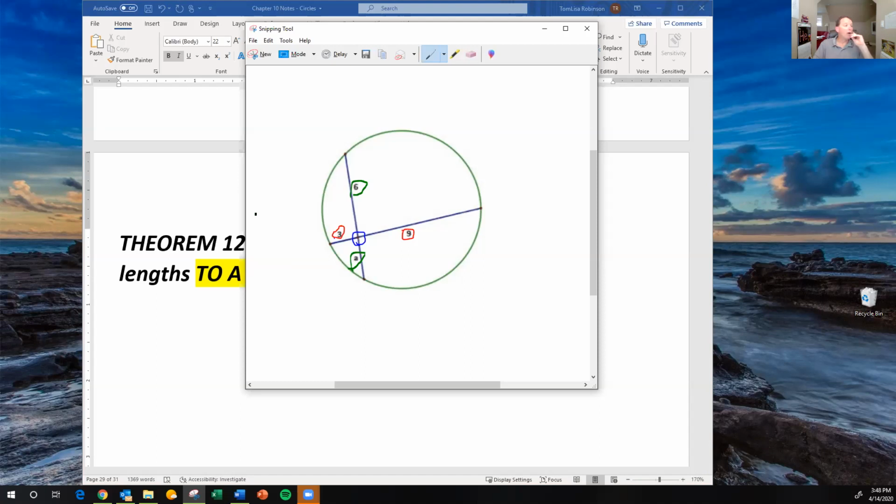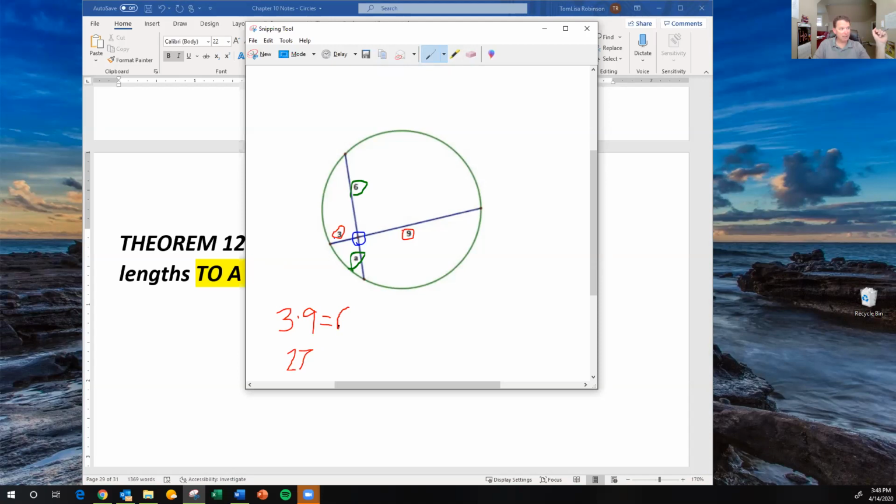What do we have? Well, I have lengths to the edge of the circle, 3 times 9. Obviously, that's 27. But it's the same as if I go the other direction.